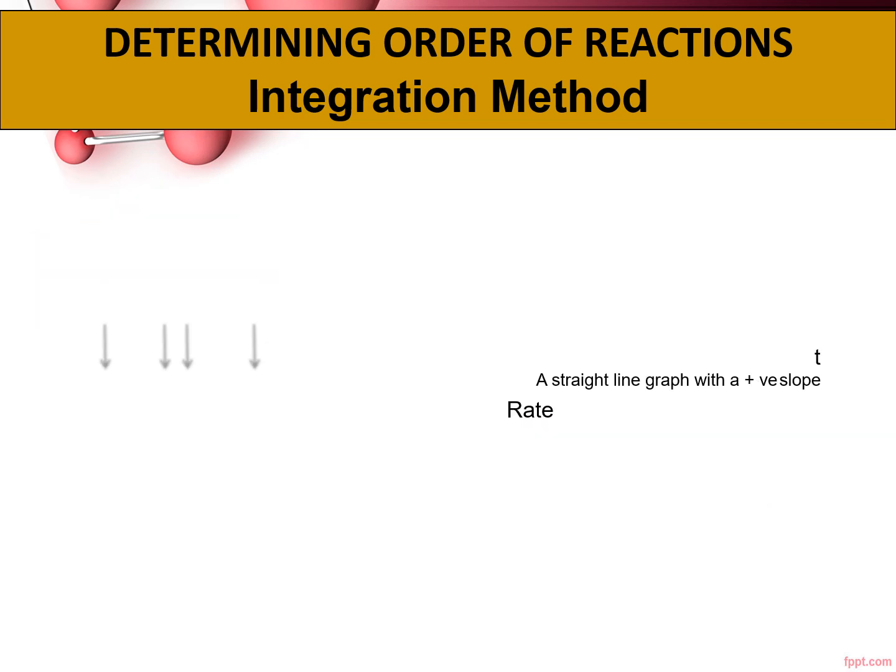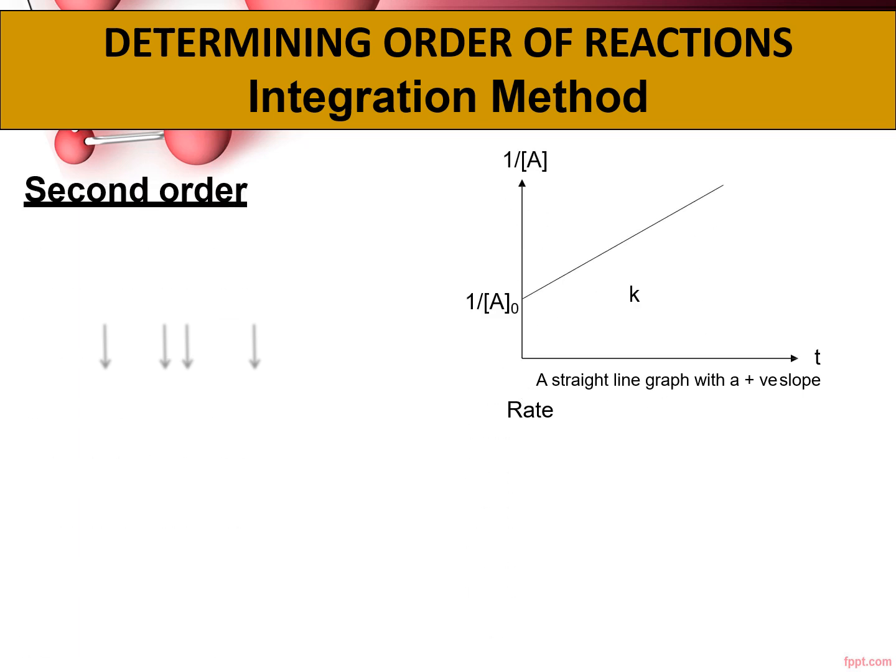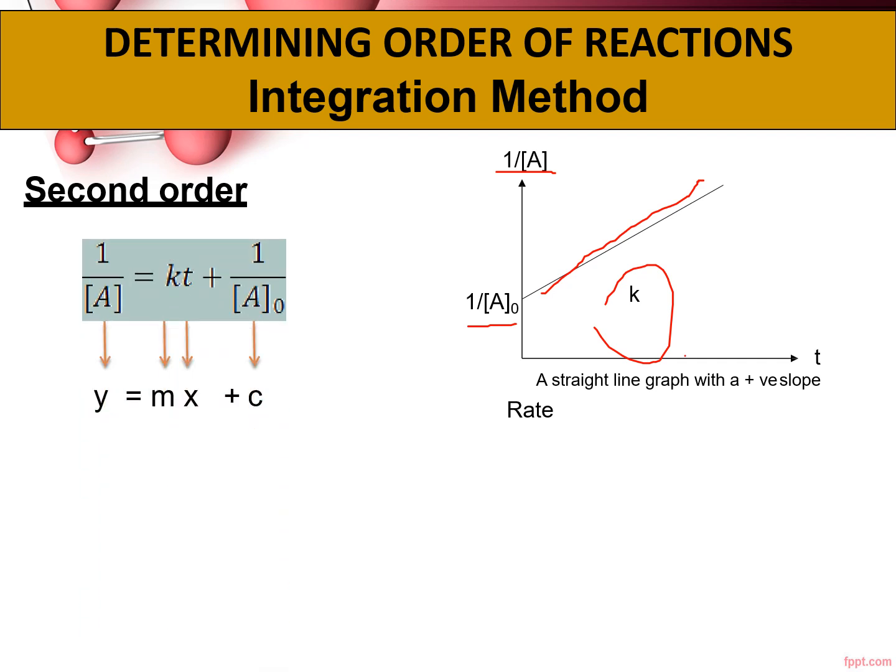Now we go with second order. For second order, the graph now involves 1 over A for y, x remains, and 1 over A naught for the intercept. What is different here is that m, the slope, is now positive. When we compare with y equals mx plus c, you have 1 over A equals k, positive now, so you don't have to put a sign, just kt, where t represents x, plus c, the intercept, which is 1 over A naught.